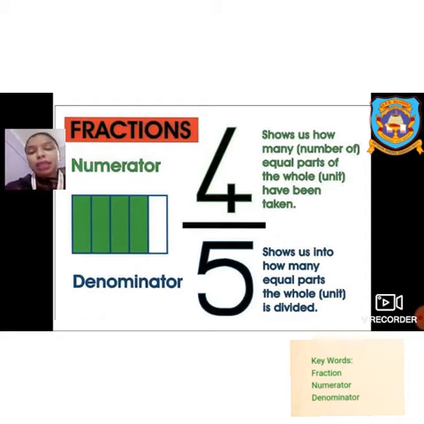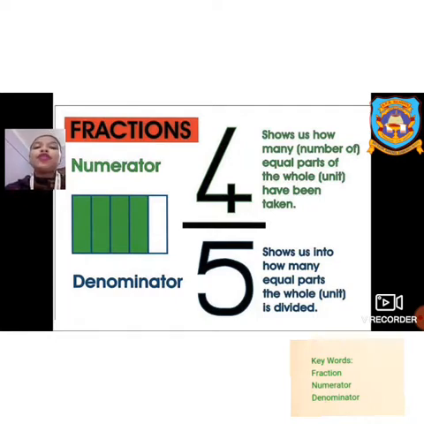Suppose you are dividing a chapati into 4 equal parts. Out of the 4 equal parts, if you have eaten one part, the part eaten in fraction will be 1 by 4, isn't it?